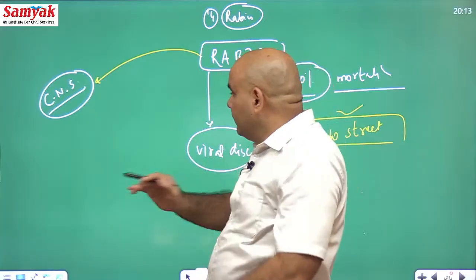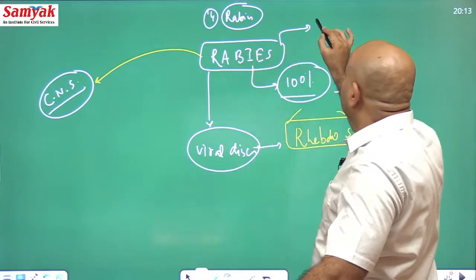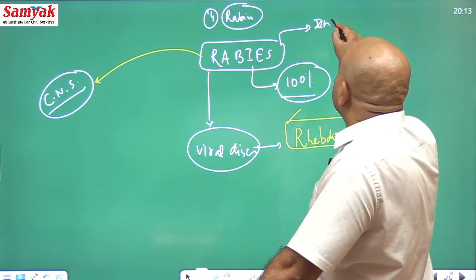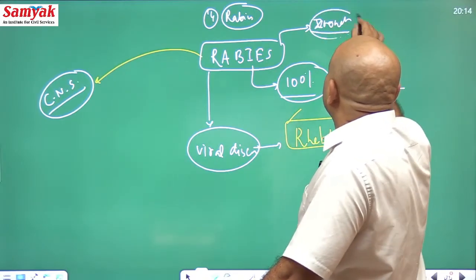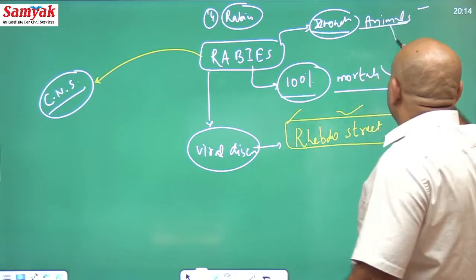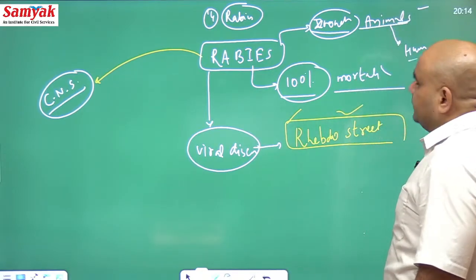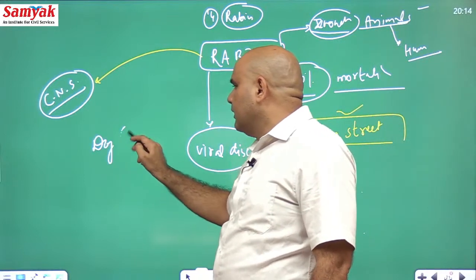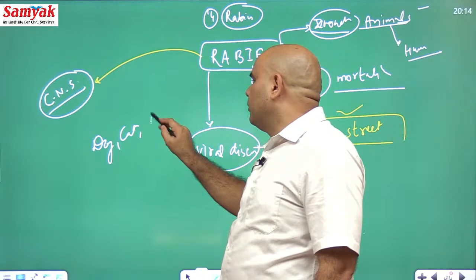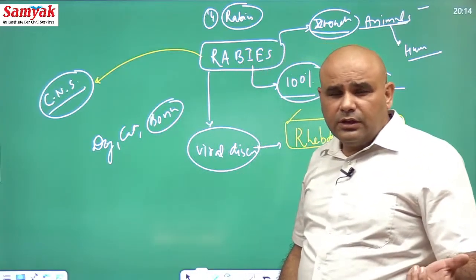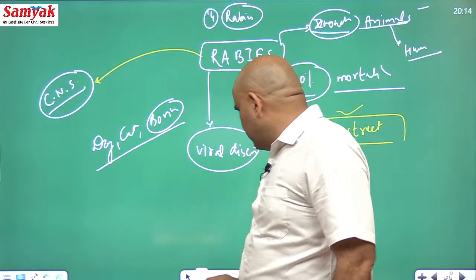Now see, whenever you are talking about rabies, you have to say why it is zoonotic. So your answer should be, it is going to affect the animals also, and from animals, it can come to humans. Animals, you know very well: dogs, cats, then bovine animals, meaning cow, buffalo, etc. They are named as bovines.